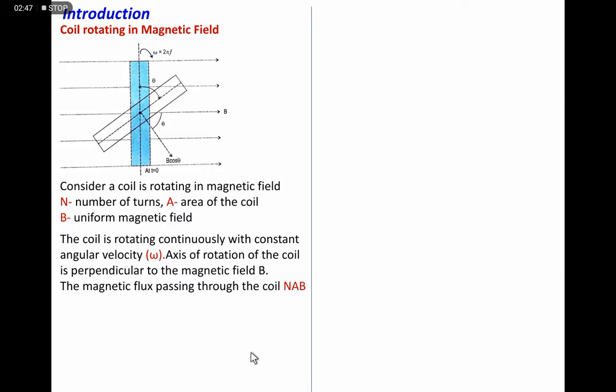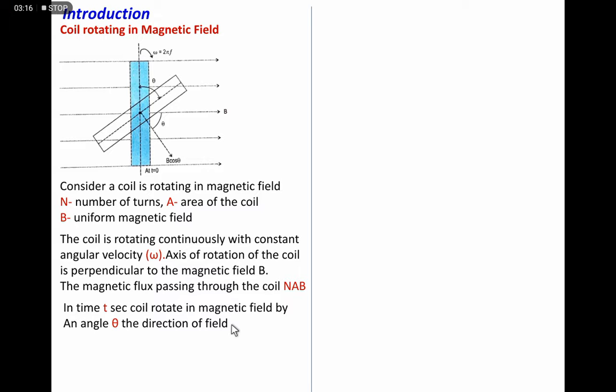The axis of rotation is perpendicular to the magnetic field, and then the total flux passing through the coil is phi equal to NAB. This we already studied, how the flux is there through the coil in the magnetic field.